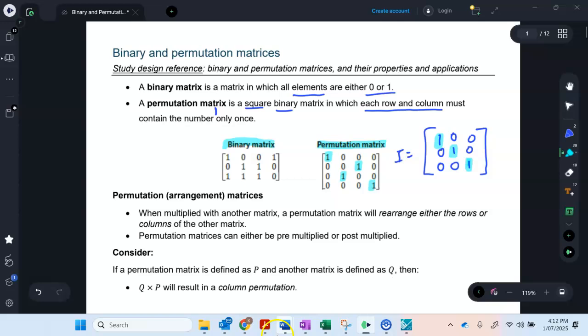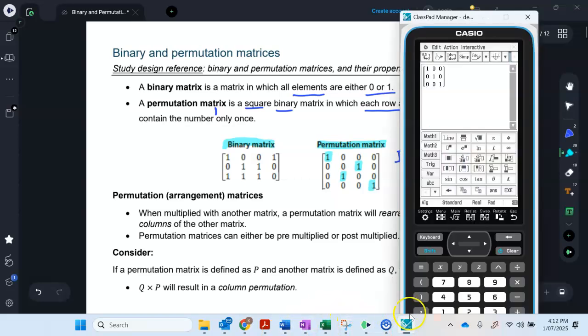Now, before we go too much further into what permutation matrices are, I'm just going to show you on your calculator. I've drawn this earlier because it takes so long to do matrices on the calculator. So here we've got the identity matrix, and I'm going to multiply that by a 3 by 1 matrix, and I'm going to call this 1, 2, 3.